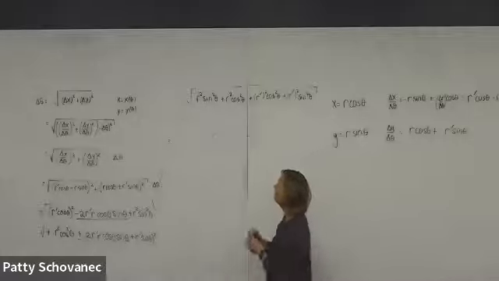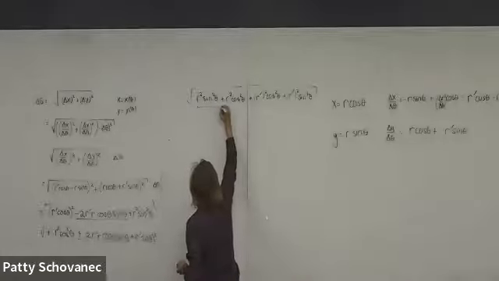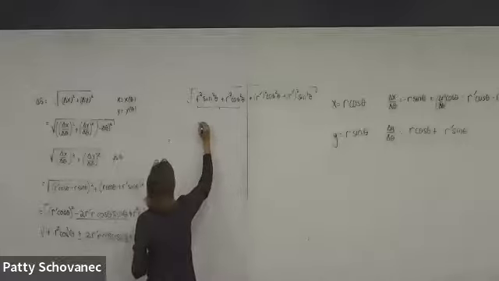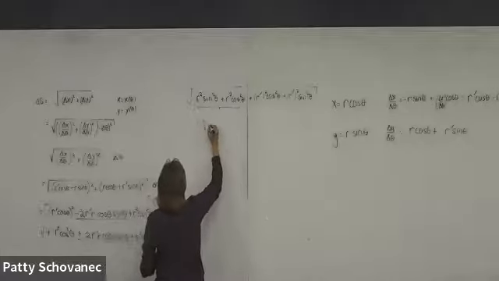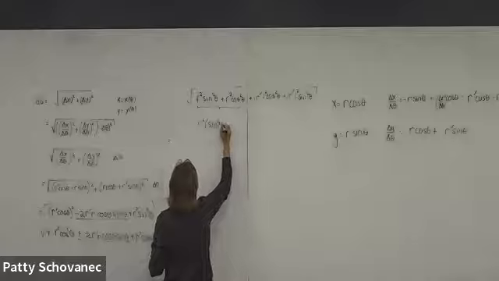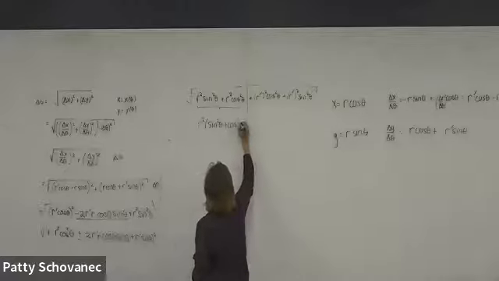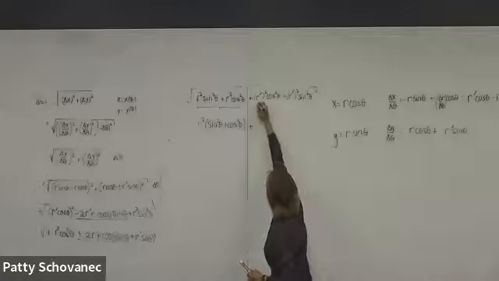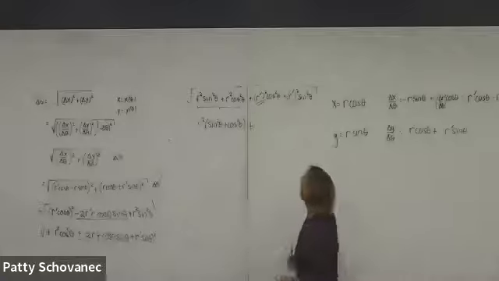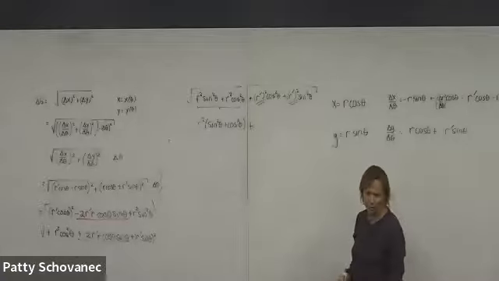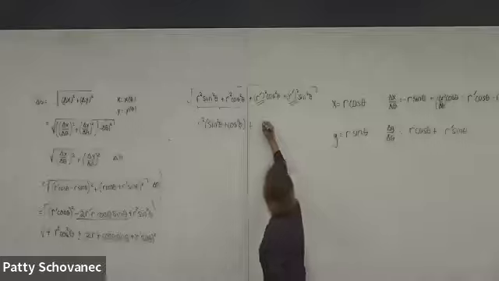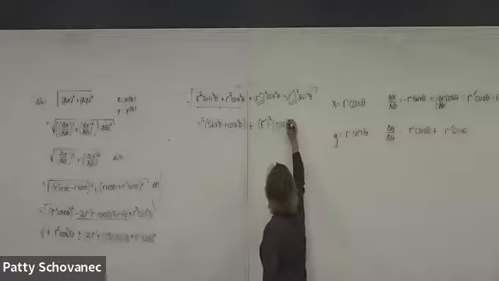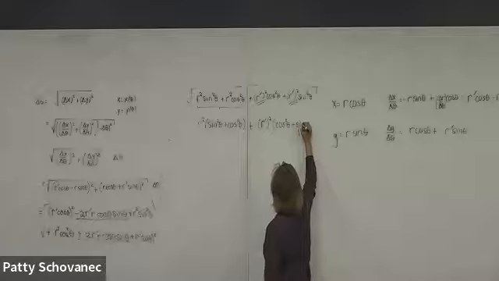Okay, from these two, I'm going to factor out the common factor of r squared. And that leaves me with sine squared plus cosine squared as the other factor. Plus, from these two, I've got a common factor of r prime squared that I'm going to pull out. And my other factor then is cosine squared plus sine squared.